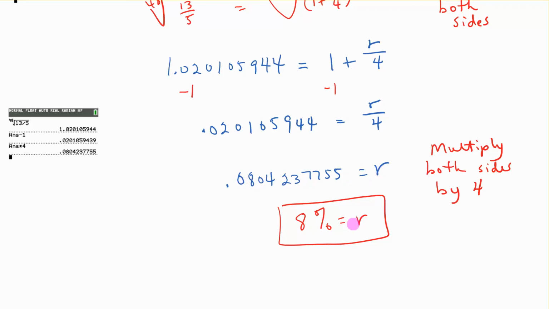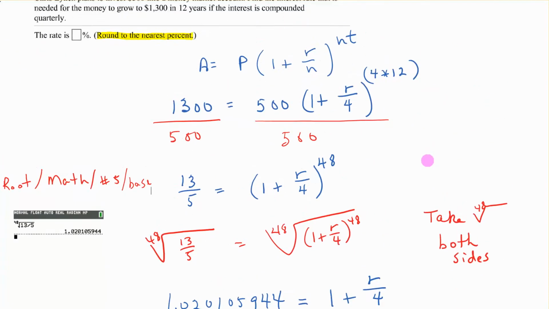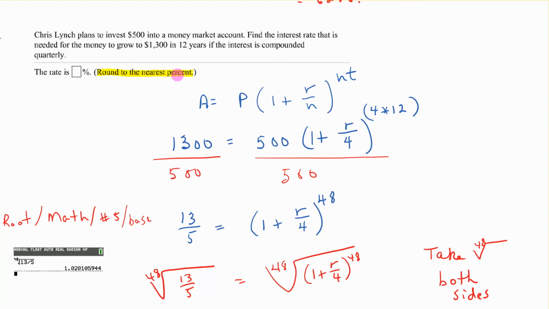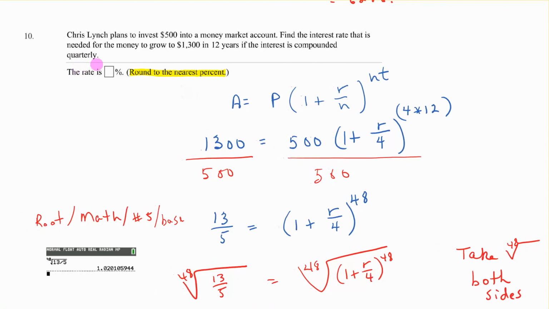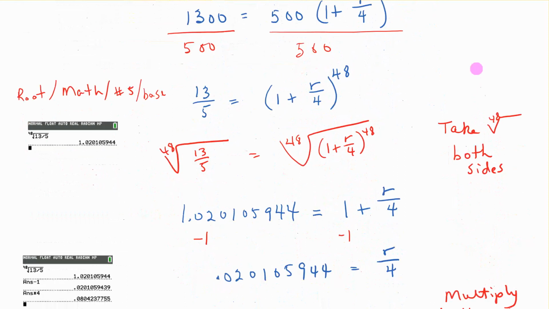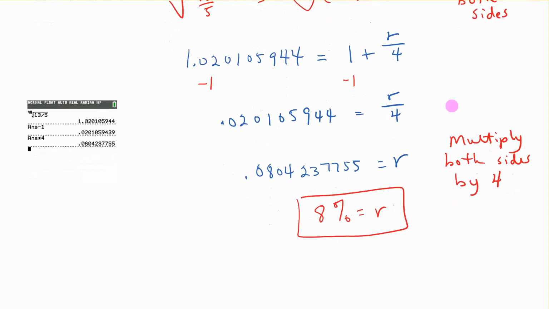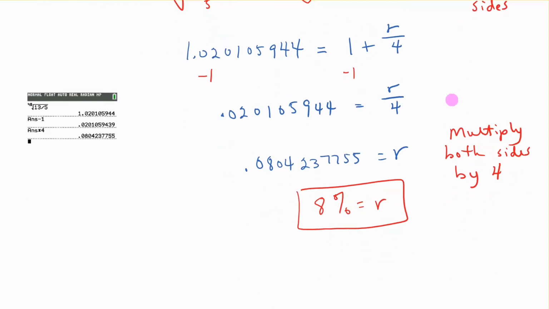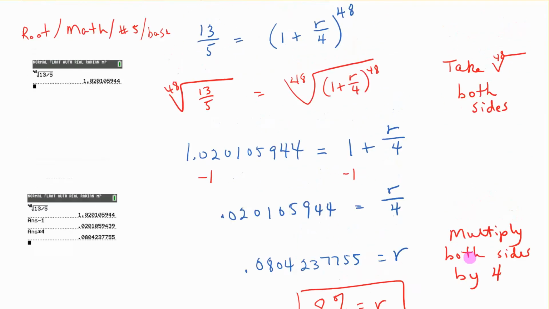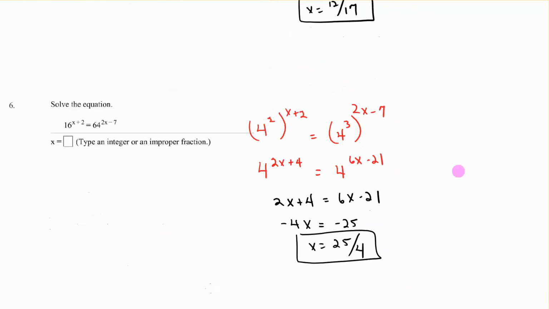If you want to round that to actual percent, remember you move the decimal 2 places, and I believe it says to round to the nearest percent. So your final answer here is 8%. So you can go over that, the math of that, and you can certainly use your calculator to do a good portion of it. And that should get you through 10.4. Okay?